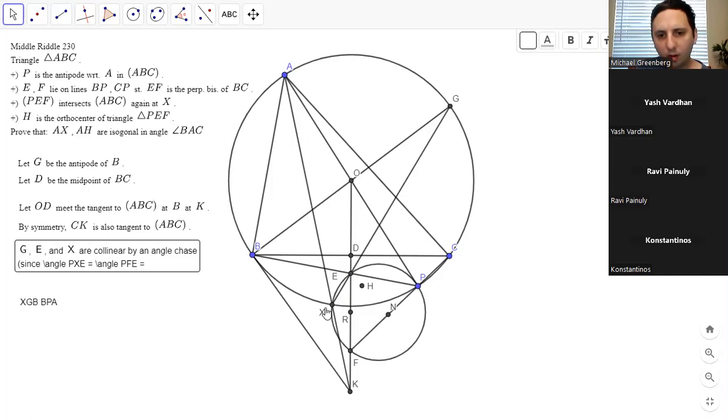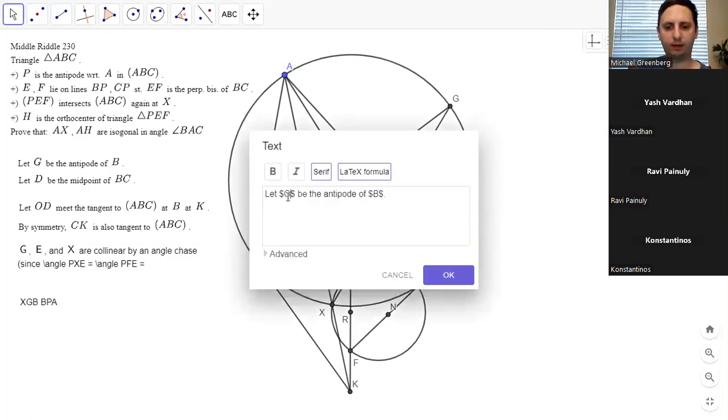Basically we define G as EX intersection ABC, so we are proving G is the antipode. So let XE intersect ABC at G.